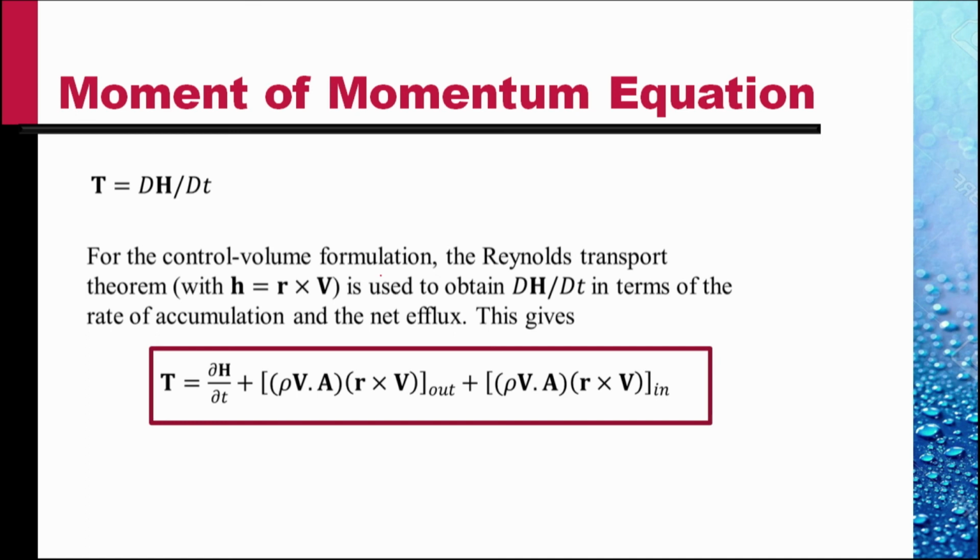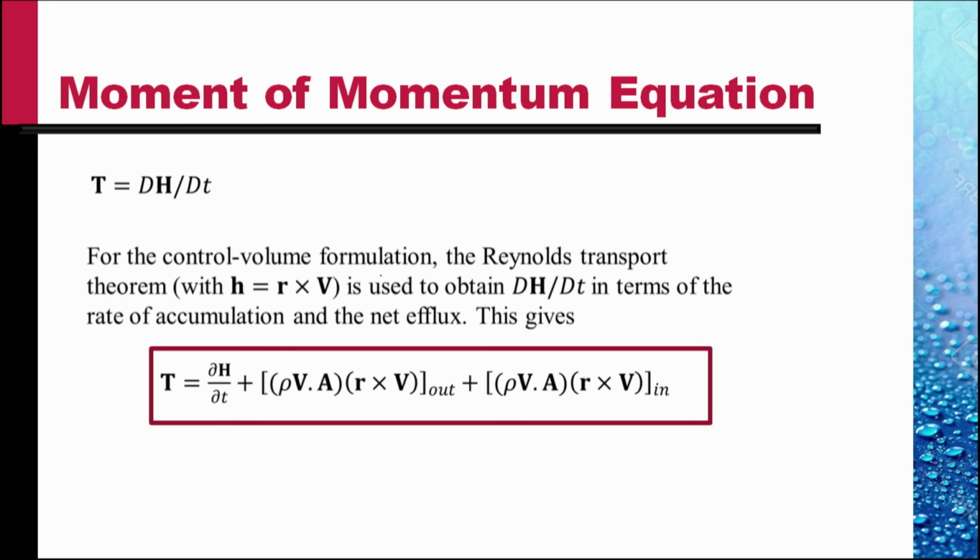For a control volume formulation, the Reynolds transport theorem with the specific value of the moment of momentum h equal to r cross v, that is the moment of momentum per unit mass, then dh by dt is obtained in terms of the rate of accumulation and the net efflux of momentum.